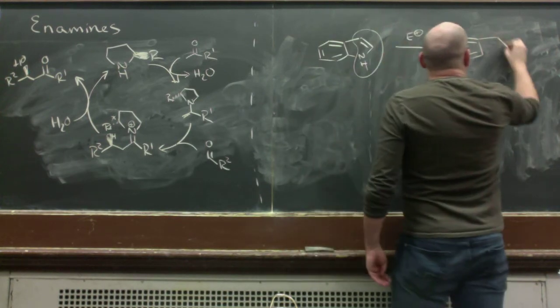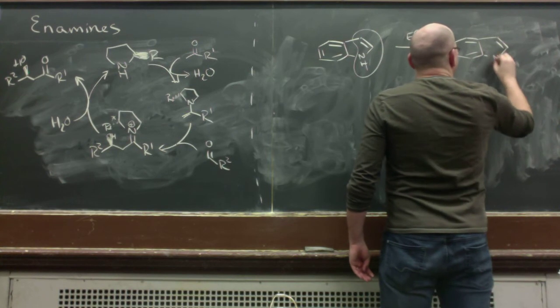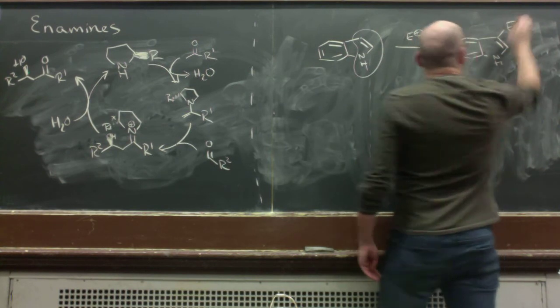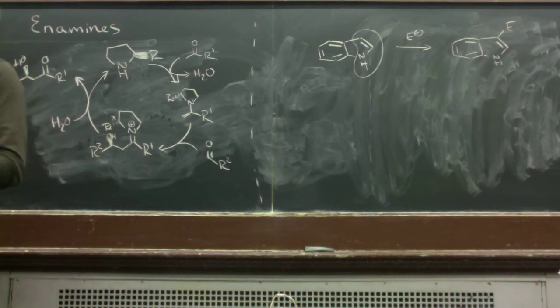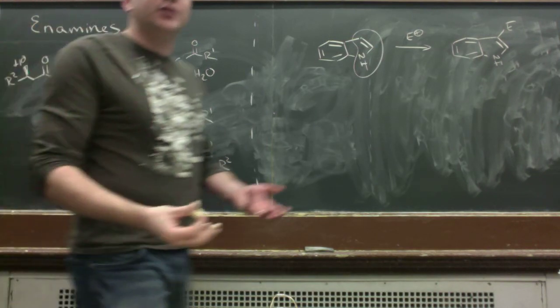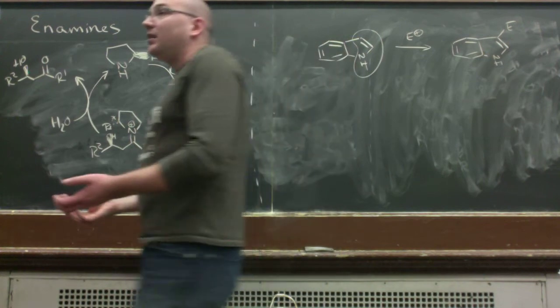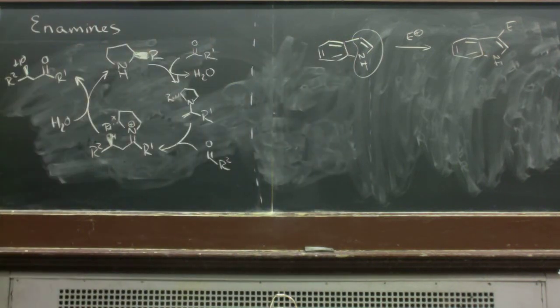And the net result in this case is you actually regain aromaticity, and so I'll discuss the mechanism really quickly. But you end up getting to electrophiles that look something like this. So you're able to substitute indoles fairly easily, simply because of that enamine within the compound.